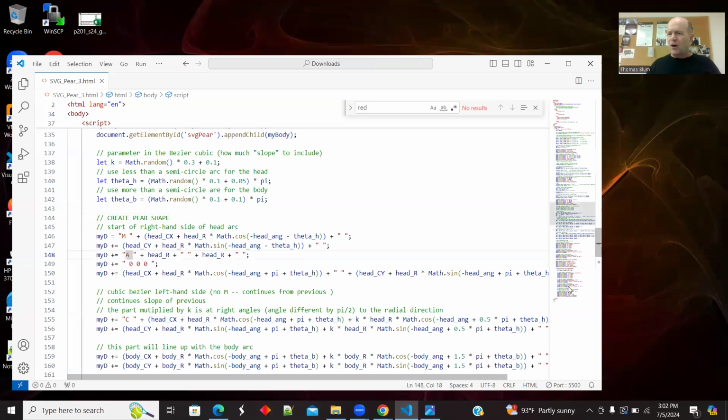And then I am making an arc. The radius, making a circular arc. Arcs can be elliptical, so the radii don't have to be the same, but I'm making them the same, just HR. And then there are these parameters when you're drawing an arc. In this case, especially because I have less than a semicircle, my parameters here are 0, 0, 0. These are either zeros or ones.